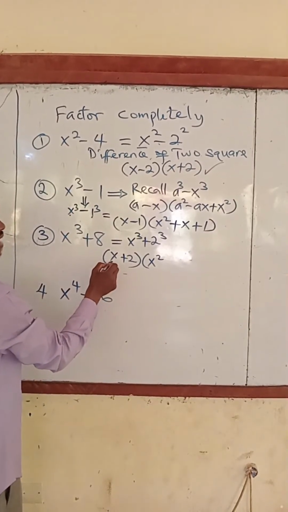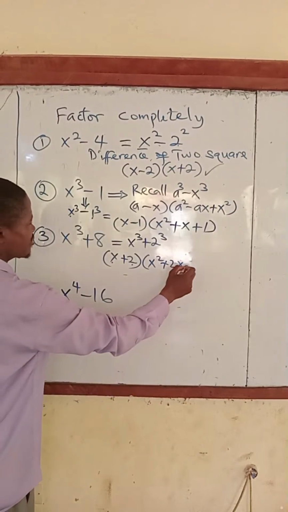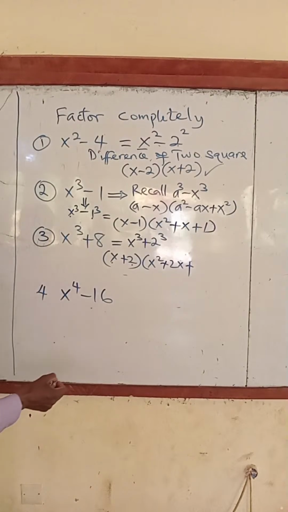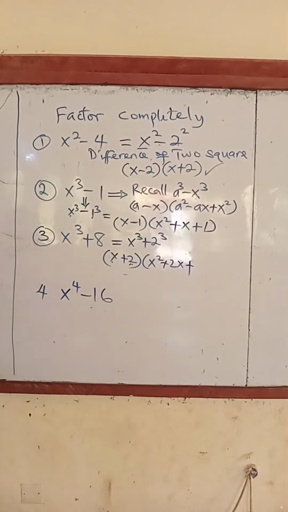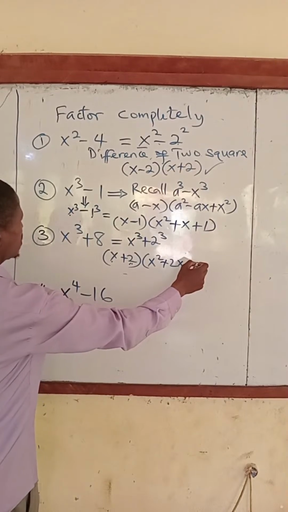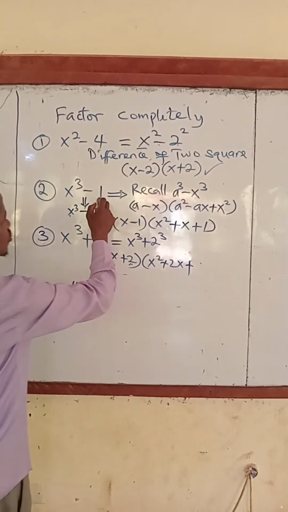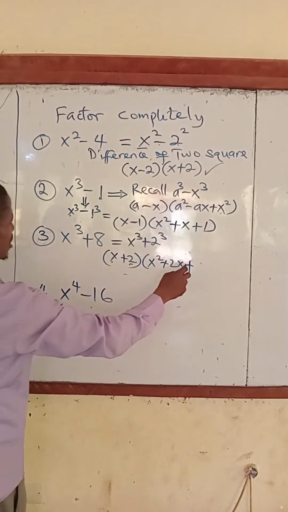This one, x times 2, that's a minus 2x, and then plus, don't forget the identity, plus the one you have here, that'll be what? That will be 4. So that will be equal to what? Plus 4.